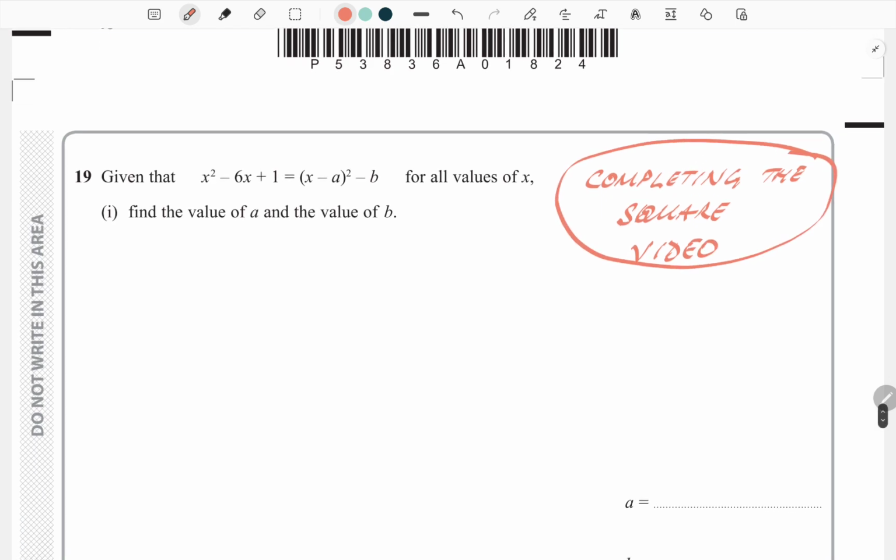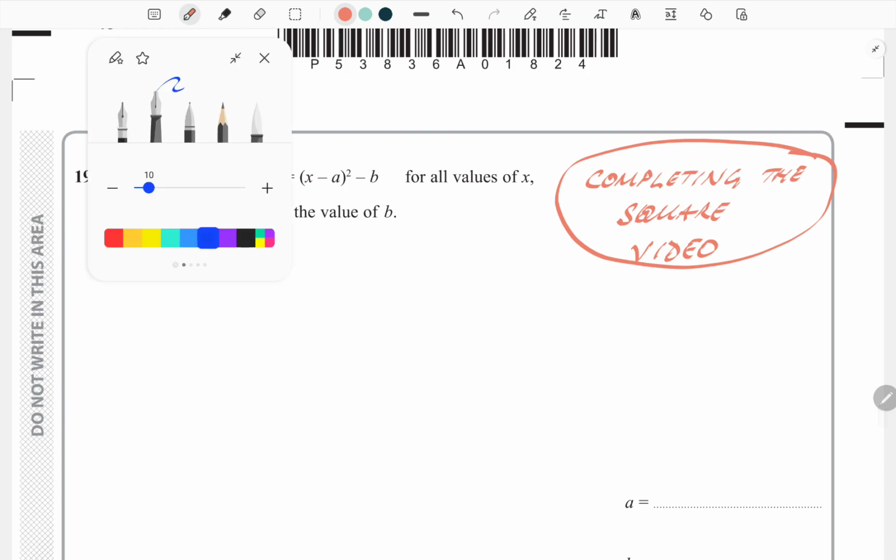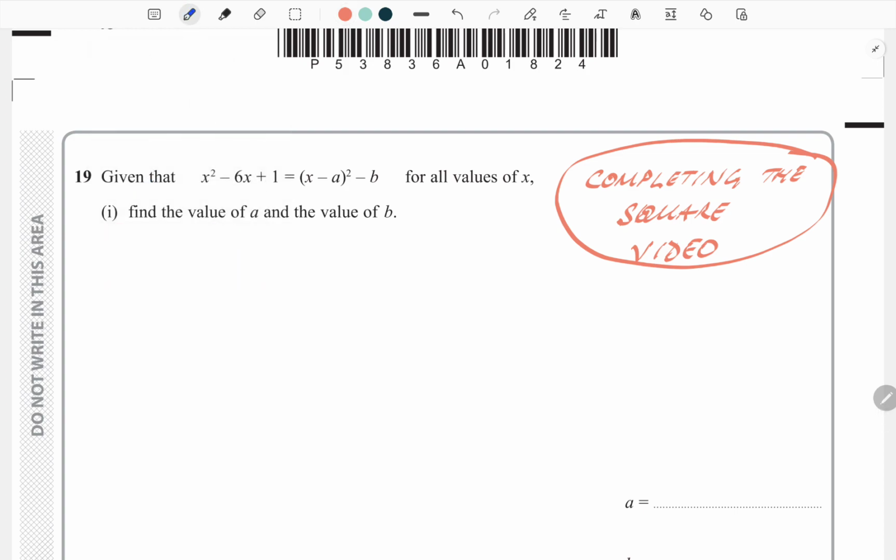So with completing the square, what we're doing, you start with that. You want to turn it into what's called a completed square. So you halve the middle number, the coefficient of x.